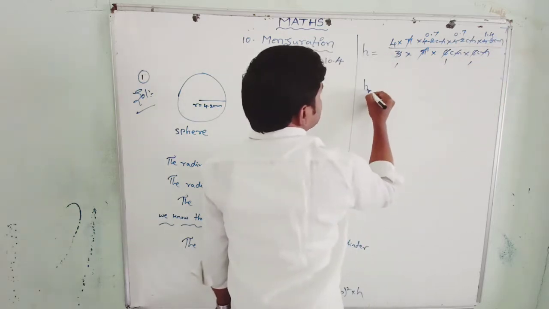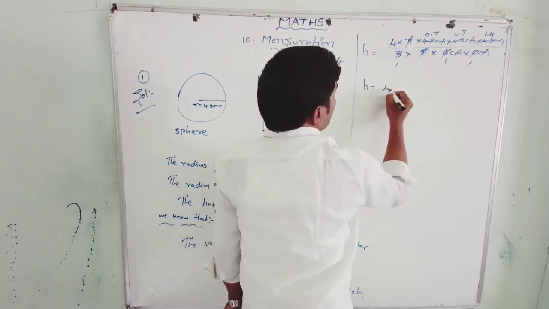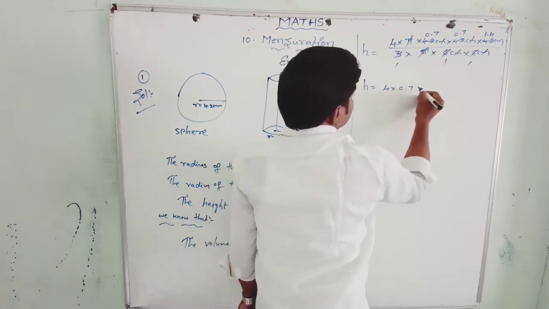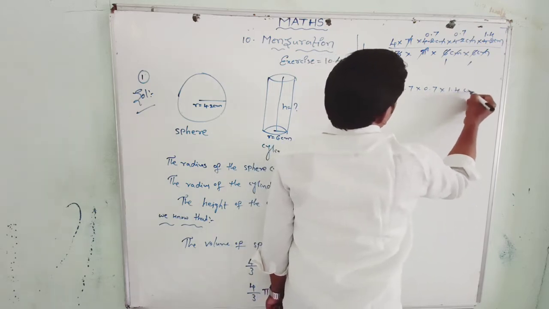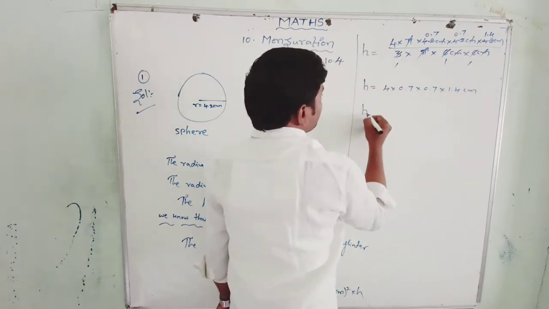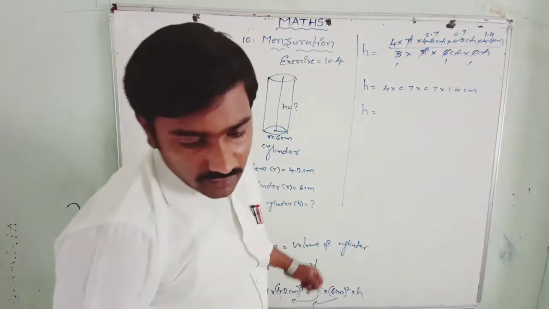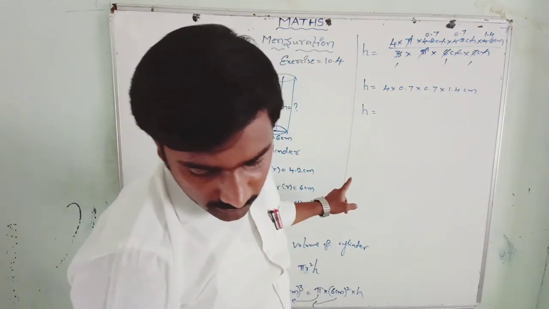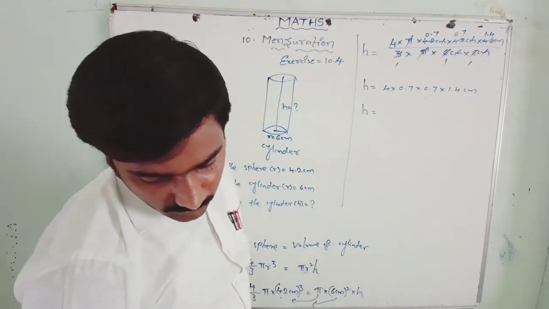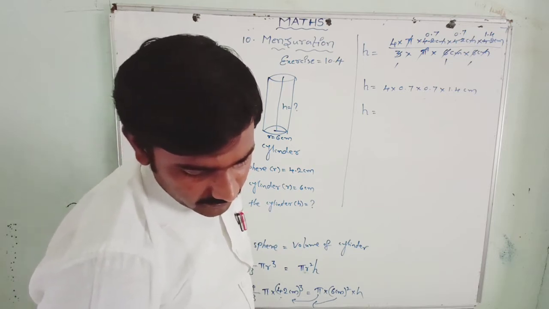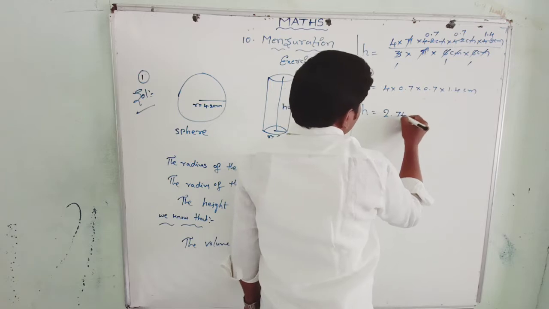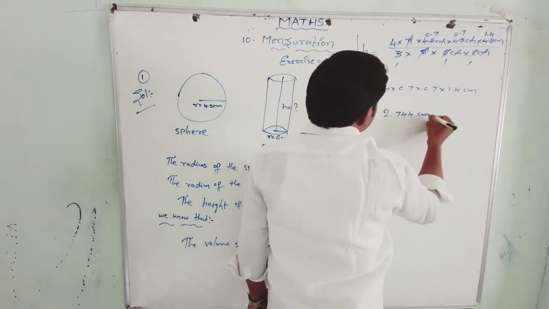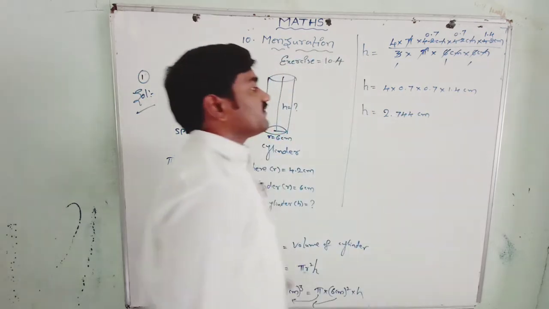So h equals here 4 into 0.7 into 0.7 into 1.4 centimeters. Now if you multiply all this, you will get 2.744 centimeters, and this is the height of the cylinder.